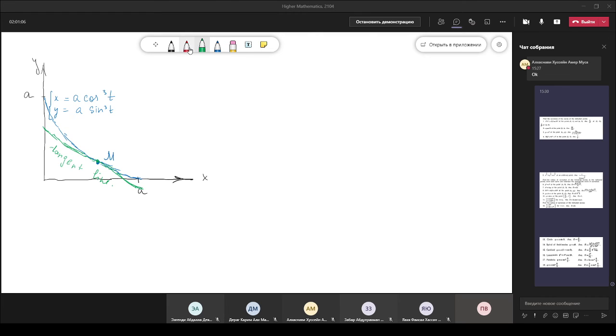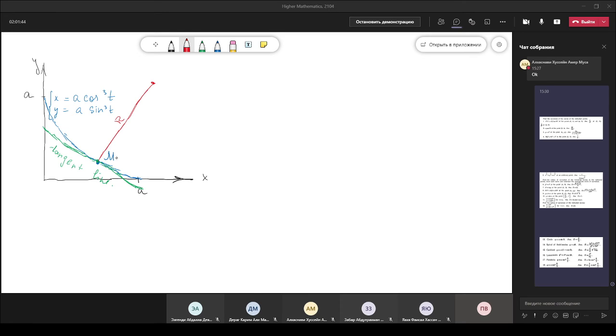Then the normal on the tangent line, and on this normal line we draw an interval of length r.